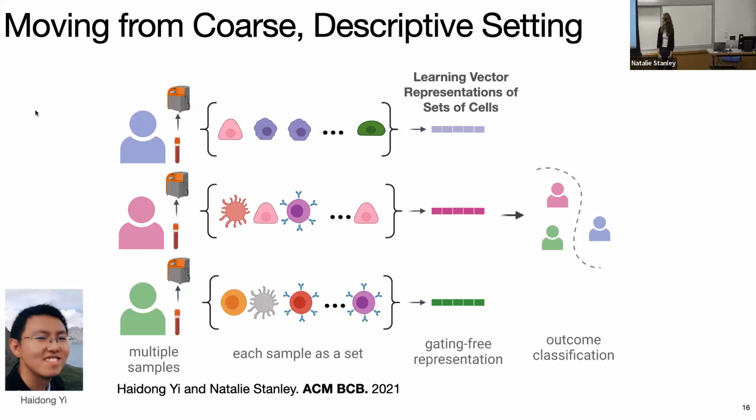To summarize how this algorithm works: on an individual sample level, the first thing we do is learn a representation for every individual cell. For example, if we're looking at the green sample, all of these cells would have a different vector representation, let's say 128 different numbers that represent each cell.